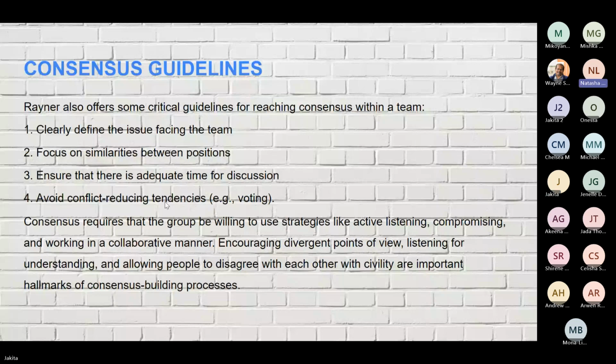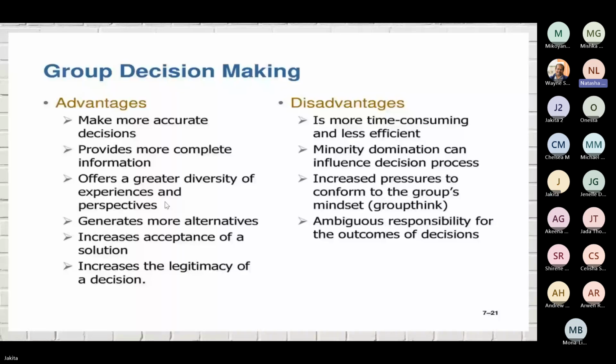So let's now look at group decision-making, its advantages and disadvantages. Some advantages are: make more accurate decisions, provides more complete information, offers a great diversity of experiences and perspectives, generates more alternatives, increases acceptance of a solution, and increases the legitimacy of a decision.